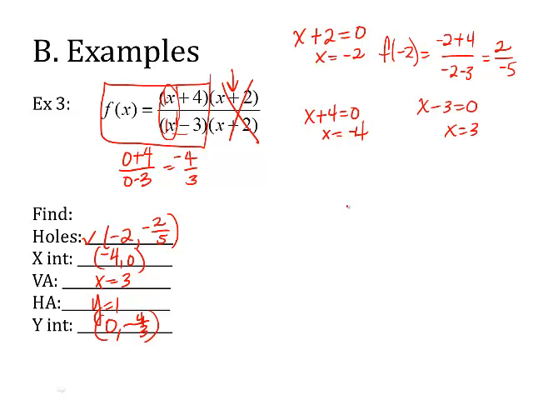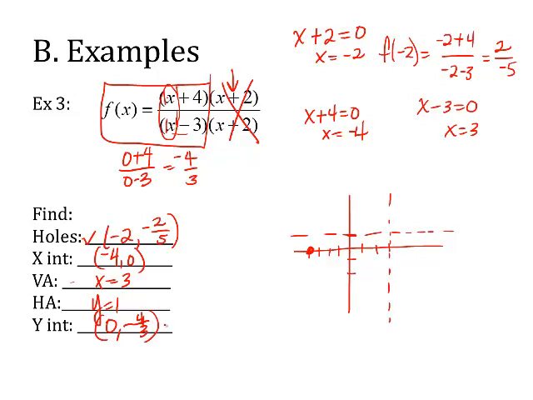All right, let's graph these characteristics and see what shape comes to mind. The x-intercept is at -4: 1, 2, 3, 4. Start wherever. The vertical asymptote is at x = 3. The horizontal asymptote is y = 1. The y-intercept is at (0, -4/3).